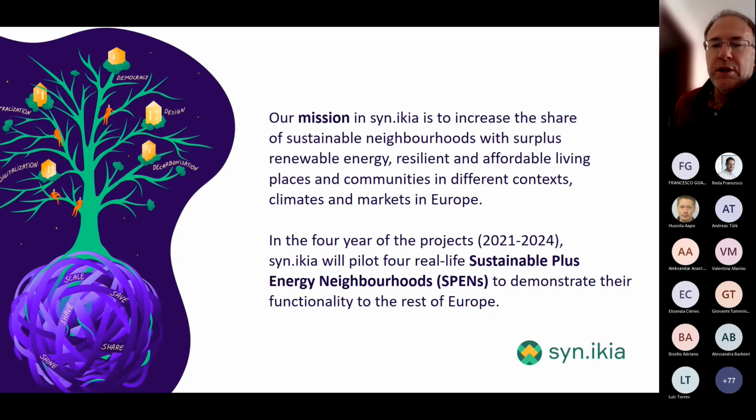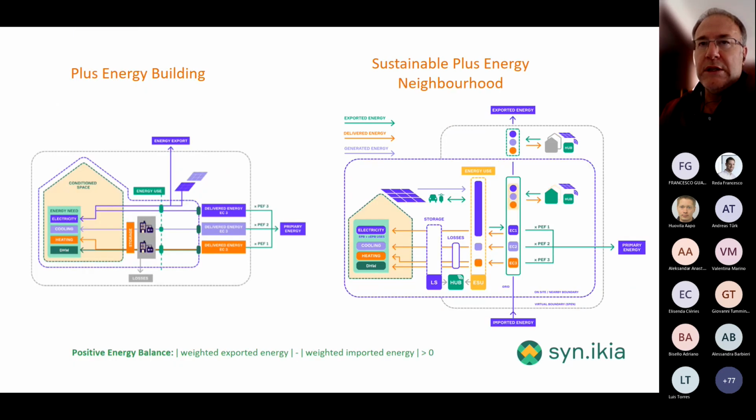In the 4 years of the project until 2024, SINFONIA will pilot 4 real-life sustainable plus energy neighborhoods across Europe. Then what I will present today is the methodology that we will test in these 4 pilot sites.